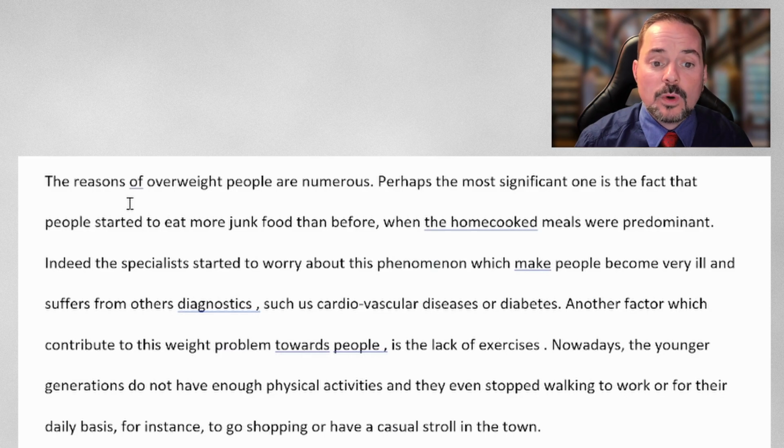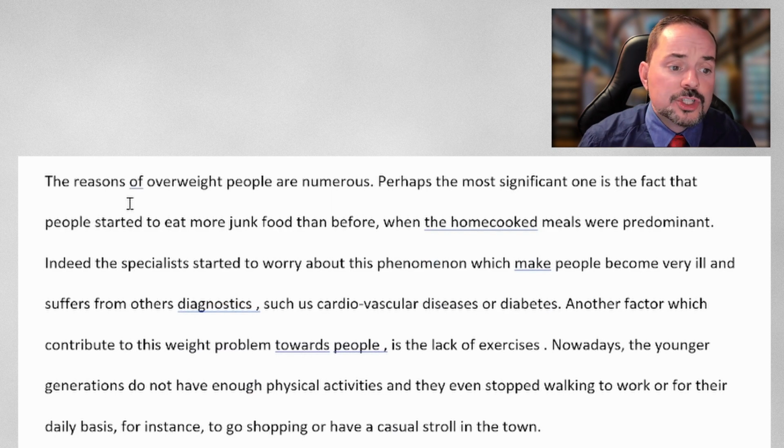Perhaps the most significant one is the fact that people started to eat more junk food than before, when the home-cooked meals were predominant. Indeed, the specialists started to worry about this phenomenon, which make people become very ill and suffers from other diagnostics, such as cardiovascular disease or diabetes.